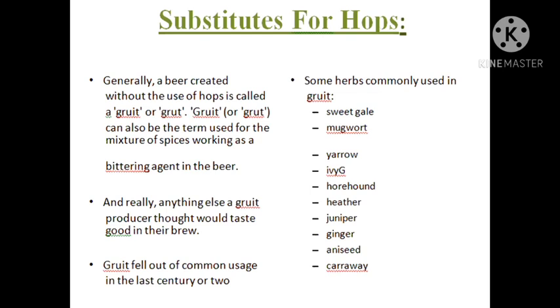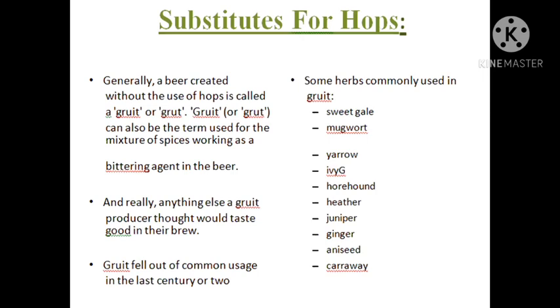See, juniper is a very important ingredient that gives bitter taste to the beer, and it is also very commonly used in the production of gin. So you can say juniper plays a very important role in gin production.